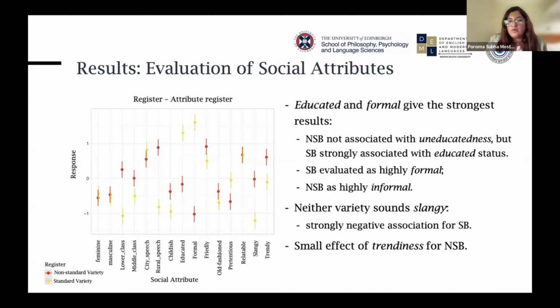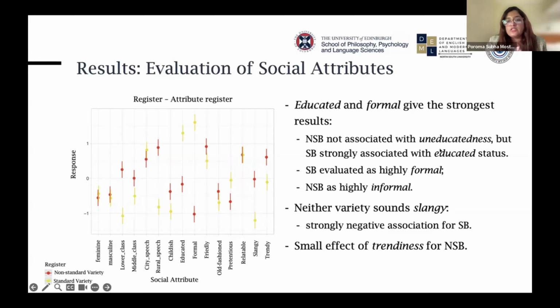So then we also had all these other things, but I think I'm running out of time, so I'll make this short. Essentially, what this all came down to is that standard Bangla gave a very formal, very educated status, a very high regard, like has been noticed in other languages as well.